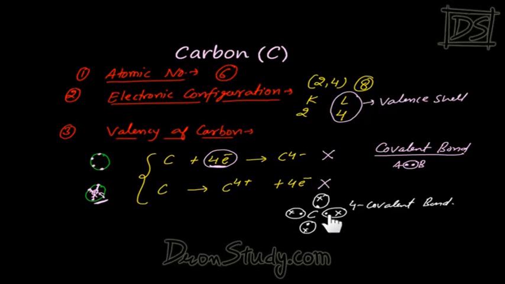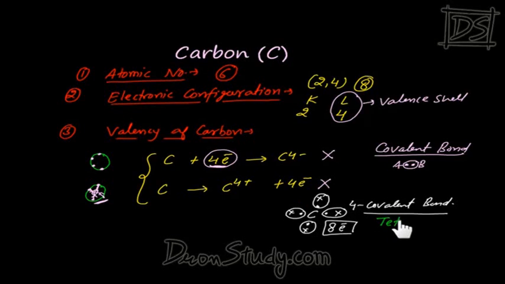Here in the carbon's valence shell, 2 plus 2 is 4, 4 plus 2 is 6, and 6 plus 2 is 8 electrons are completed. In this manner, carbon neither gains electrons nor loses any electrons. Rather, it shares electrons and by sharing it makes 4 covalent bonds. How many covalent bonds are being formed? 4. Carbon is forming 4 covalent bonds over here.